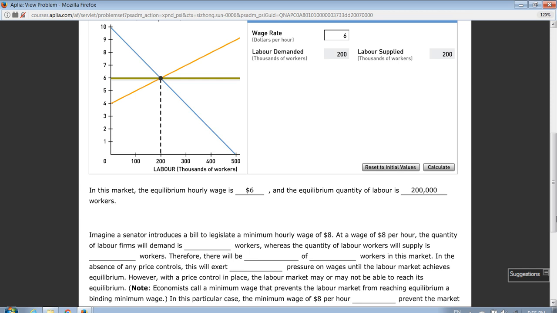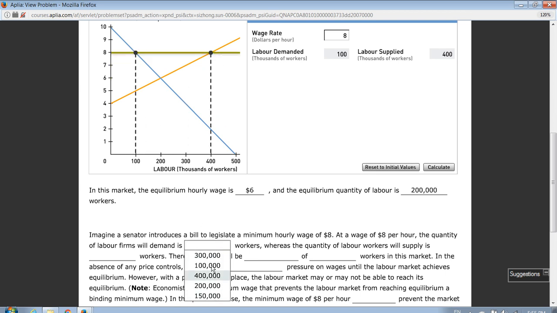At a wage of $8 per hour, the quantity of labor firms will demand is, so let's move this up to 8, 100,000 workers, whereas the quantity of labor workers will supply is 400,000.